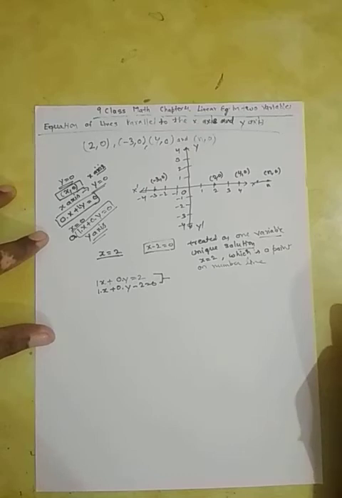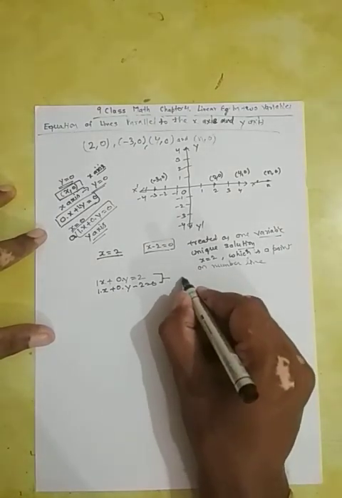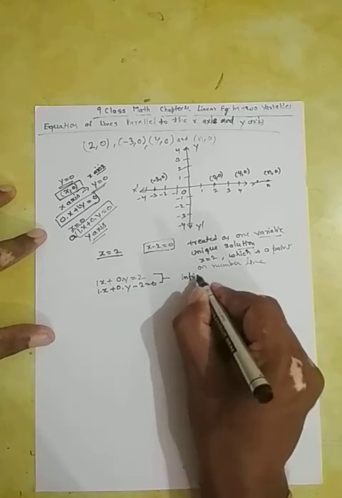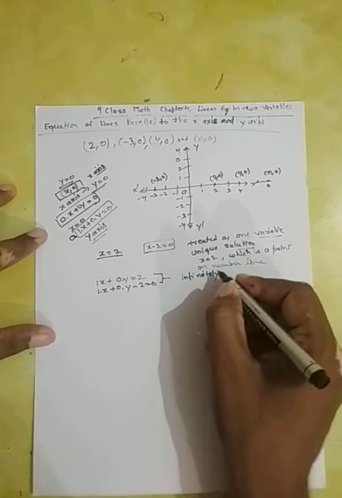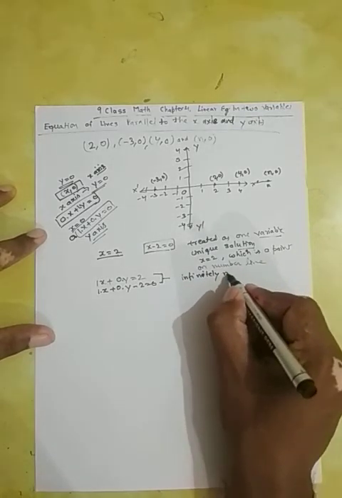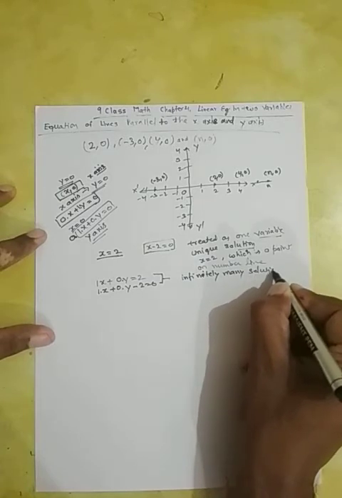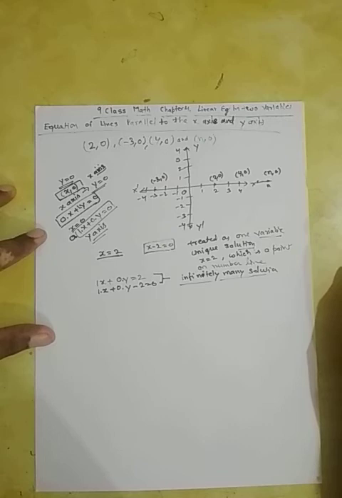A two variable algebraic equation has infinitely many solutions. इसके सॉल्यूशन क्या हो गए, infinitely many solutions.